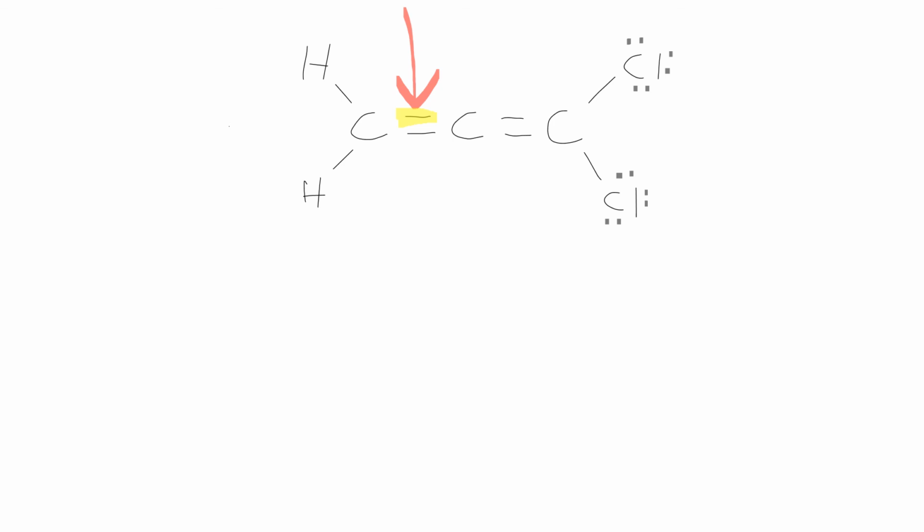So what hybrid orbitals are overlapping? On the carbon on the left, it's the sp2 hybrid orbital. The central carbon has 2 electron groups, so it's sp hybridized. So that sigma bond between the 2 carbons is a result of the overlap of the carbon on the left's sp2 hybrid orbital overlapping with the central carbon's sp hybrid orbital.